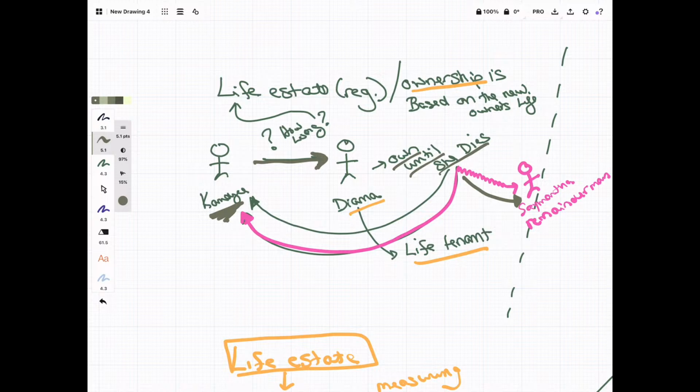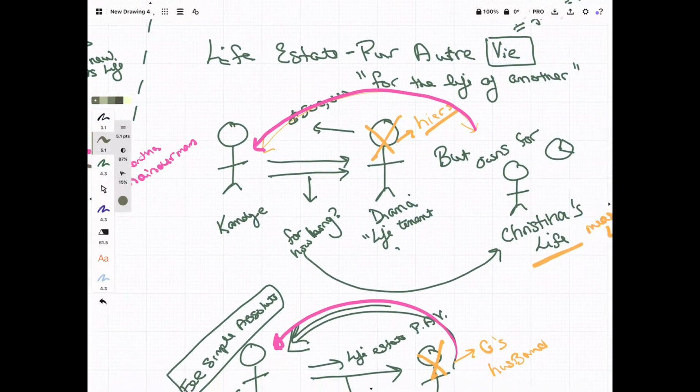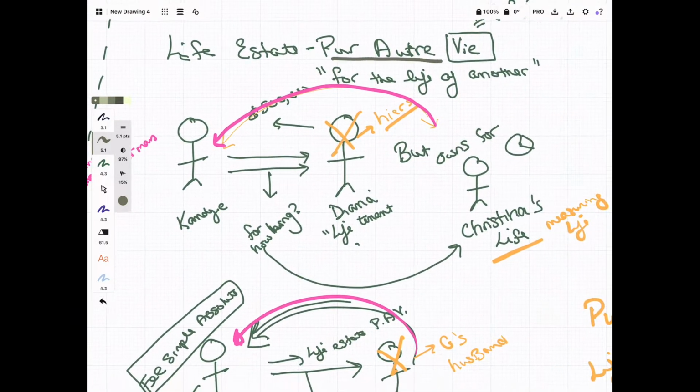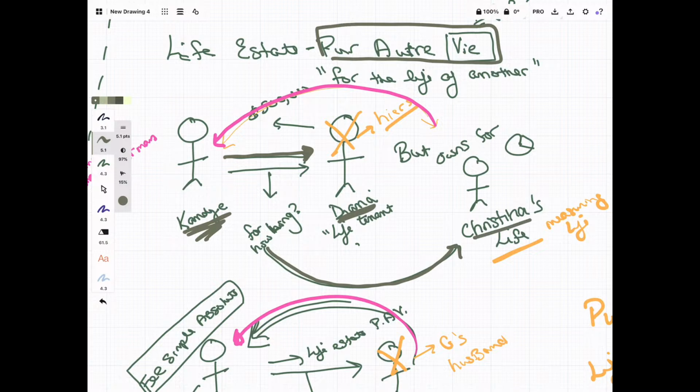Let's try it again. In a life estate per autre vie, for the life of another, I started with fee simple absolute. I gave a life estate to Diana as long as Christina's alive.